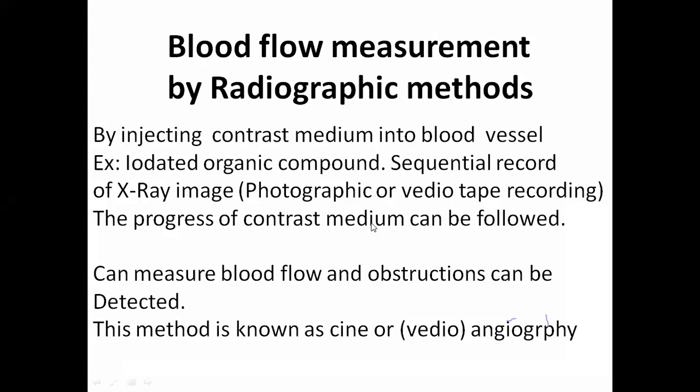The progress of the contrast medium can be followed. So with this method we can find if there are any obstructions in the vessels. We can also measure the blood flow and obstructions in the veins or arteries. This method is known as cine or video angiography.